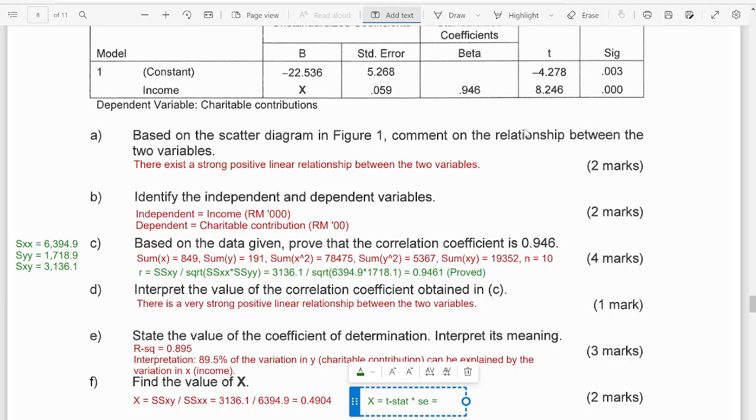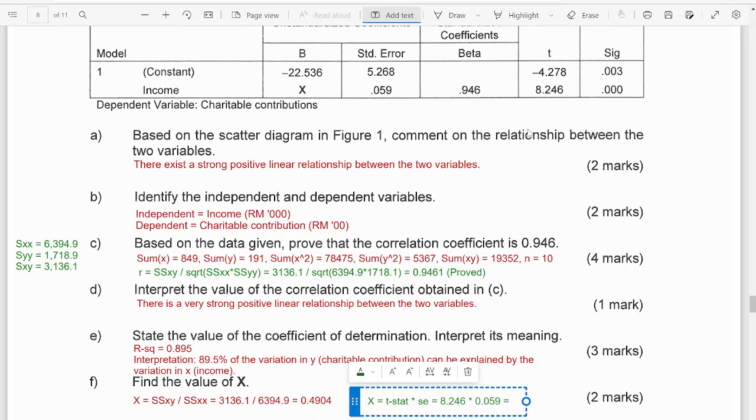Beta divided by, itulah. Okay, so you have this to be 8.246, and then you multiply with the standard error, which is 0.059. So you should get the same answer.